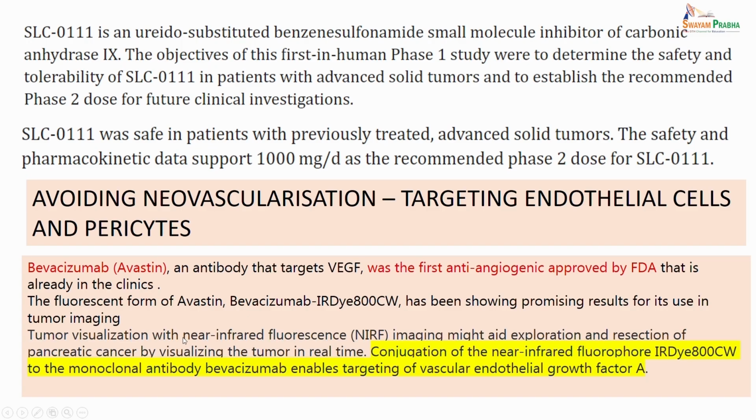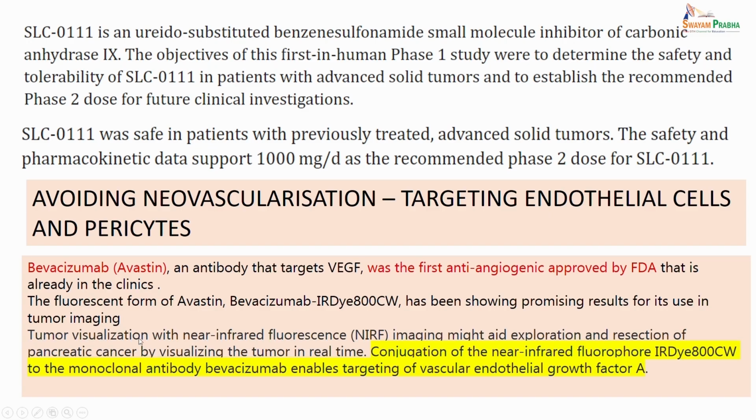The fluorescent form of Avastin, called bevacizumab-IRDye800CW, has been showing promising results for its use in tumor imaging. So bevacizumab along with this particular fluorescent dye has been useful in imaging of tumors.